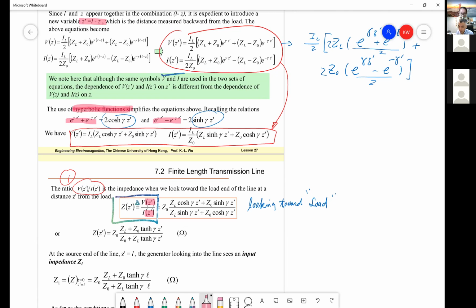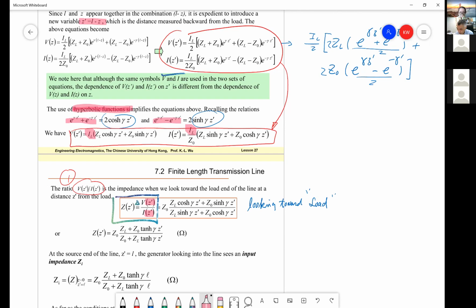So once you take the ratio of this, the current cancels, right? Because that is a common term. The current at the load cancels, okay?